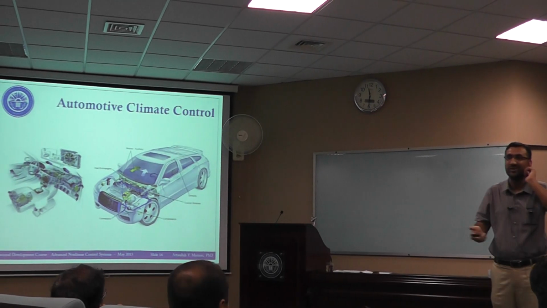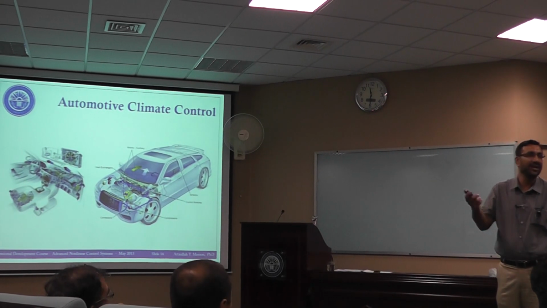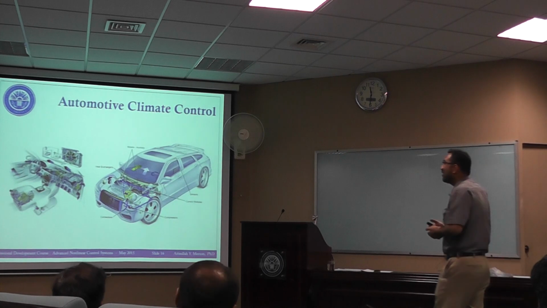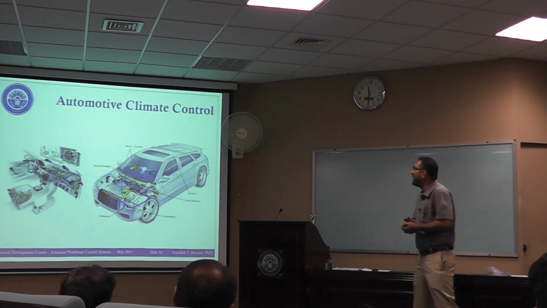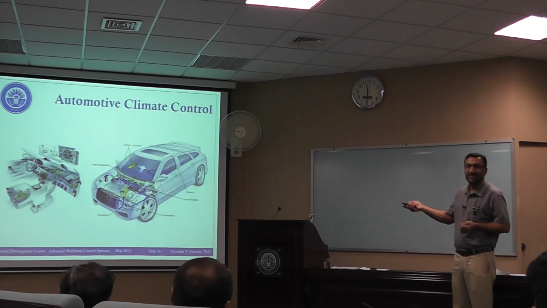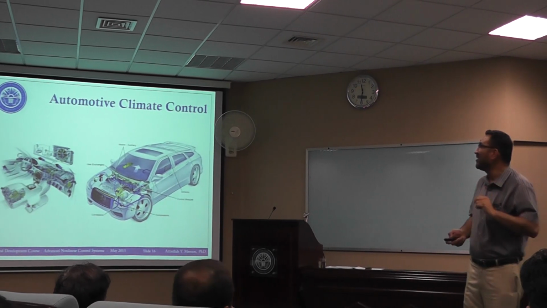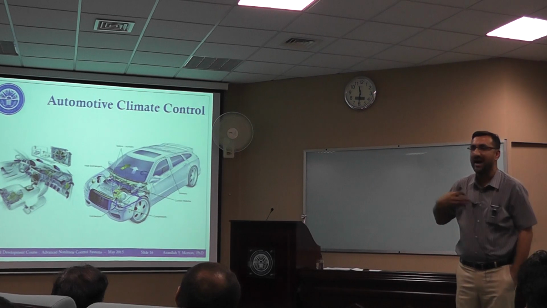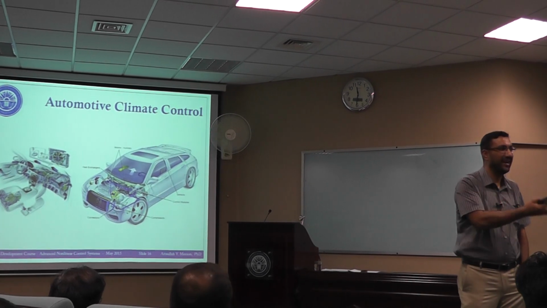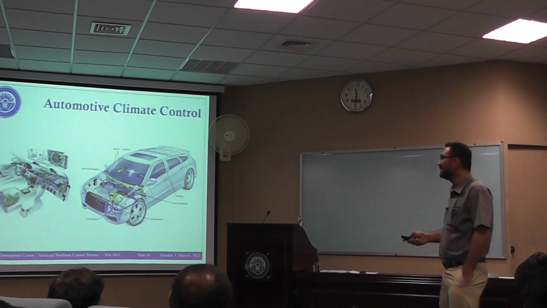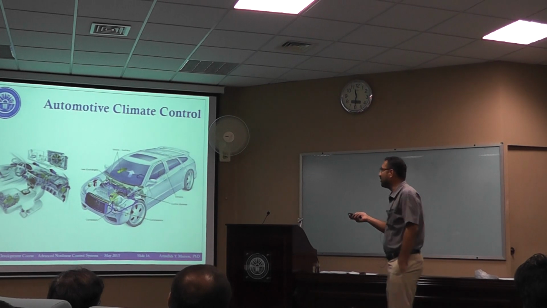Now you have to switch on the air conditioner, or you have to switch off, depending on how much you care for your wife. But science has solved the problem. It has given us this automatic climate control. For my side, it's cold, the other side is warm, or vice versa. And that's also a control phenomenon.